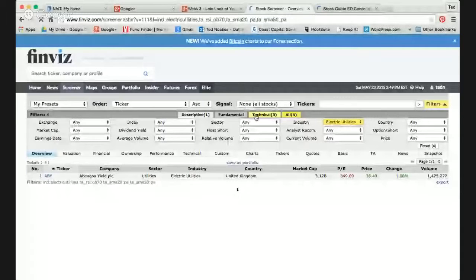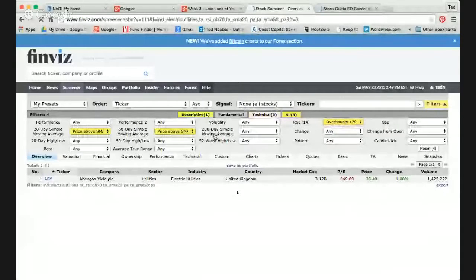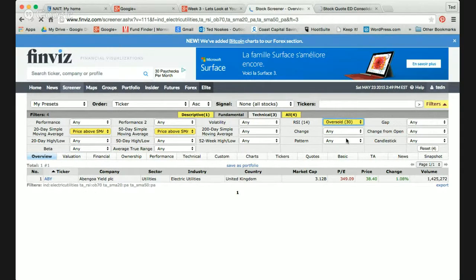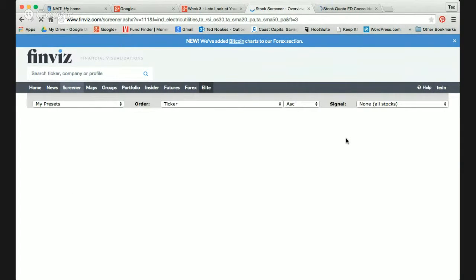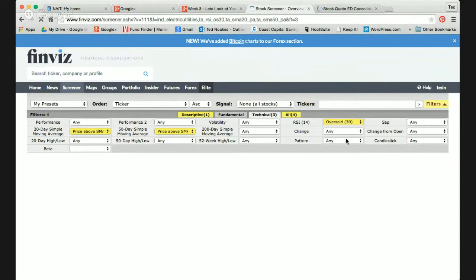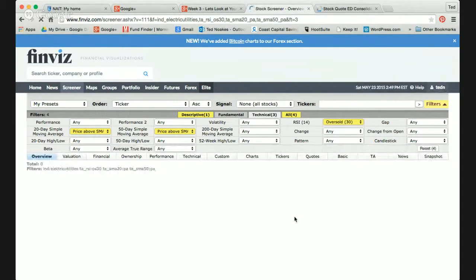So when I say I'm using technical analysis, this is the sort of thing I'm using. These are the tools I'm using to judge if a stock is good or not. I'm looking for a stock that's overbought if I want to sell, or oversold at 30. I guess that's really what I should have used. And it looks like we have nothing.